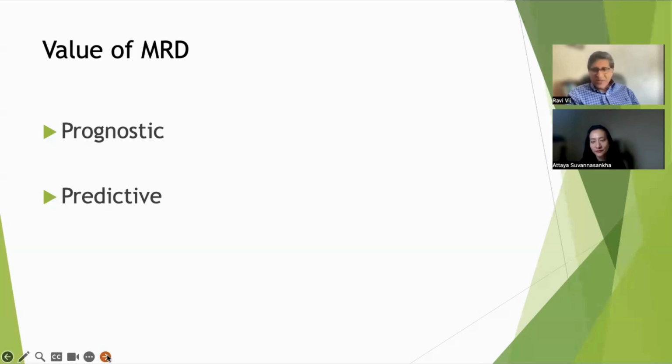So you pointed out 3 use case scenarios. It's not routine, but if patients are having side effects or they want to stop and you're not sure whether you should stop or not, MRD may help guide decision-making, though we don't have data from prospective trials at the moment to conclusively support that. The second is for patients who are going to go to transplant but have already had a great response and are maybe even MRD negative before transplant, whether you can delay transplant till time of first progression or later.